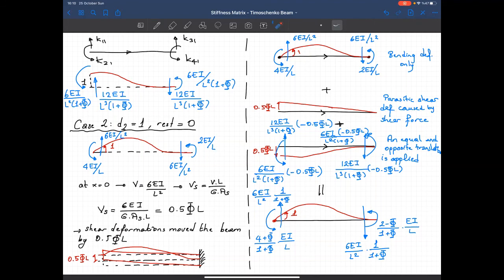And as you see, these coefficients give the second row of the stiffness matrix.